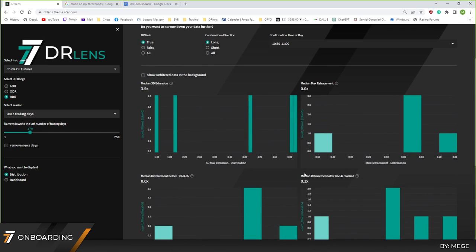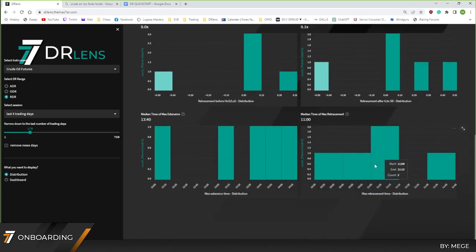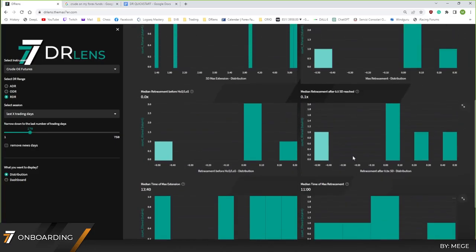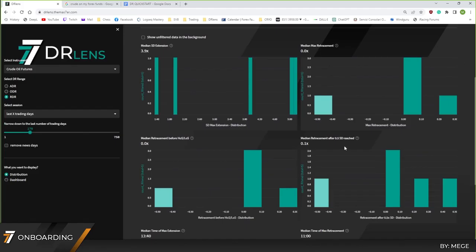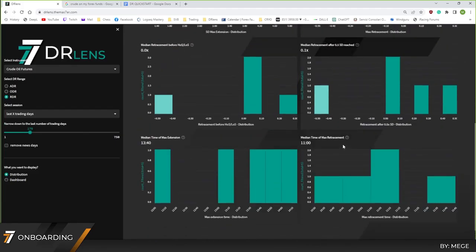So the recommendation is use your judgment, use your eyes. If something stands out to you, then you can still use it, even if statistically speaking it's not 100% correct. I'm not saying it's not correct, but a professional statistician could say you don't have enough data points.